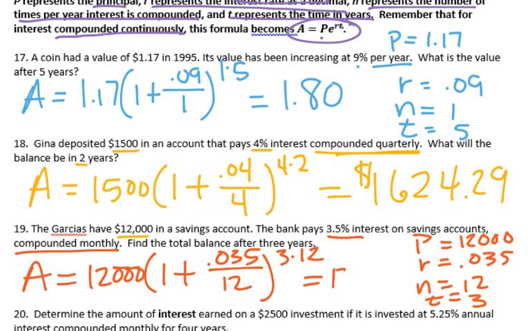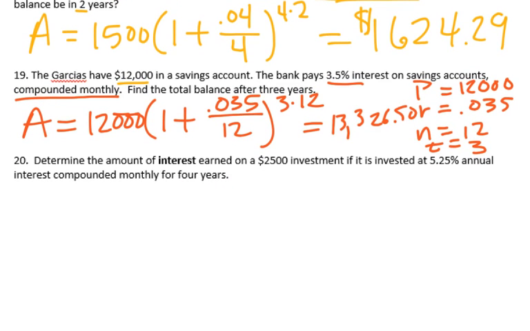And we end up with 13,326.50. So in 3 years, they were able to make about $1,300.